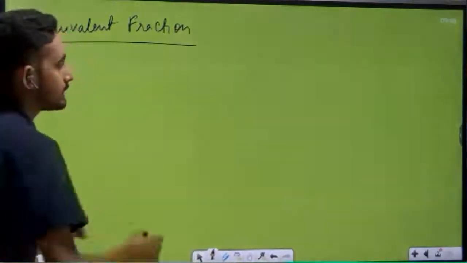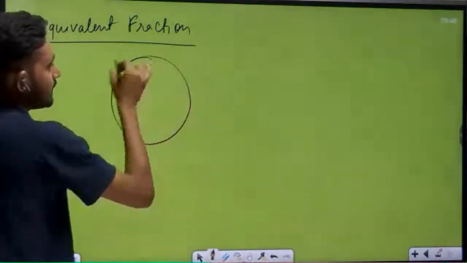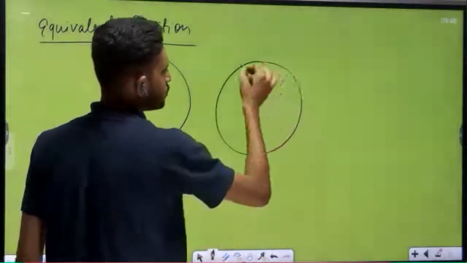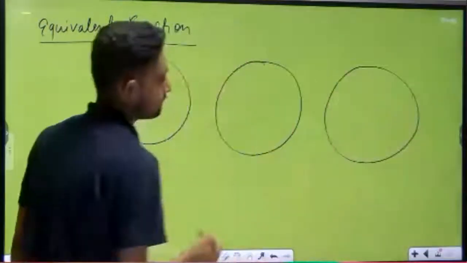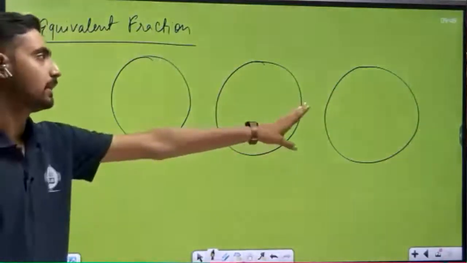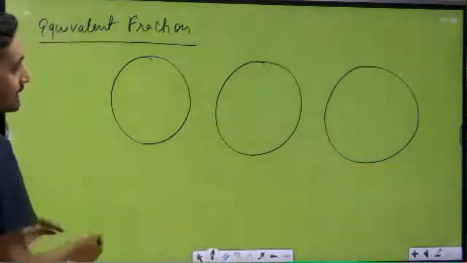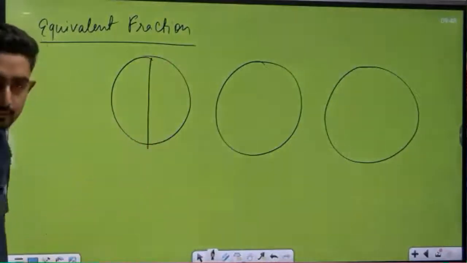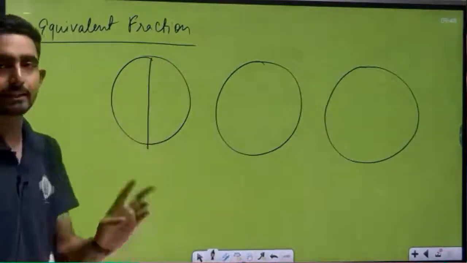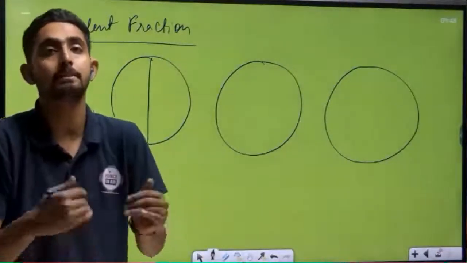If I make 3 circles, 1, 2, and 3. These circles are the same, same dimensions, same radius. And if I cut this first circle into 2 parts, how will we represent each part?